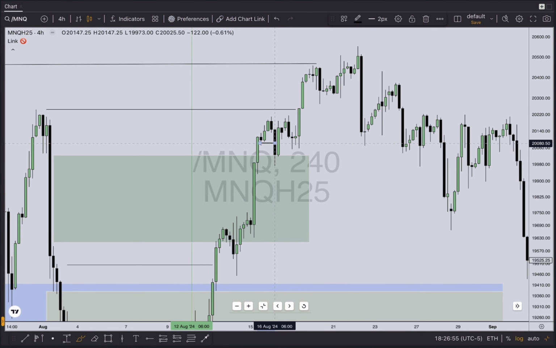No. What happened? You got to look at kind of what happened with this drop. Where did price go? Well, it filled an inefficiency. It tapped into an inverse fair value gap. Yes, it broke structure, but how will it do it otherwise? If price is here, how will price come down without breaking structure? It's just impossible.